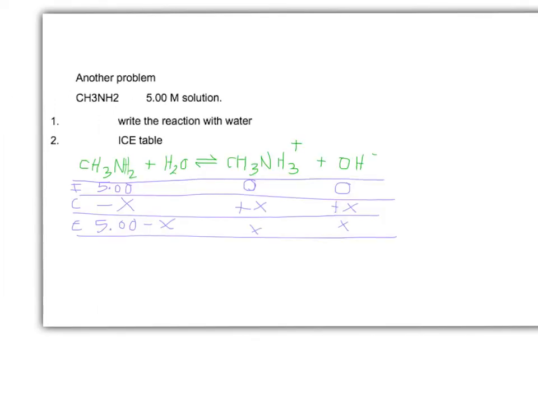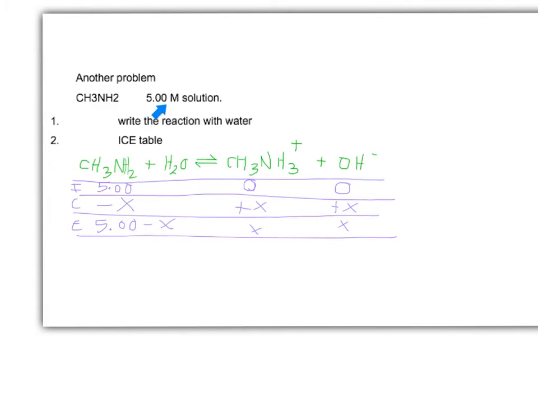Be careful when writing the reaction with water for a weak base. You always need to include the water molecule because the nitrogen will take one of the hydrogens from the water molecule, making the positive ion as a product, leaving behind the hydroxide, which is what makes this really a base. So then you set up the ICE table as per normal.